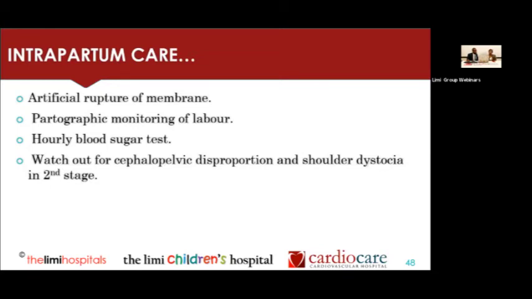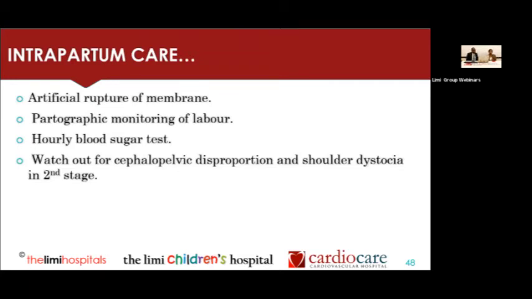Now, how do you detect cephalopelvic disproportion? You're doing an indicated vaginal examination, and you notice in between two consecutive examinations that the fetal head, the presenting part, is not descending, and so the station remains the same. The cervical dilatation is not improving at all.